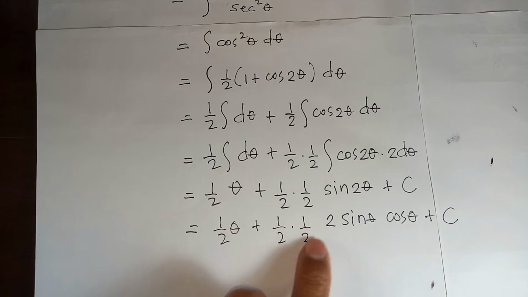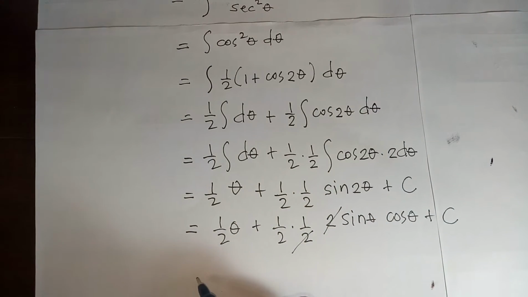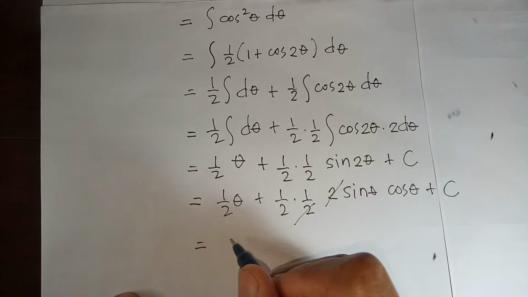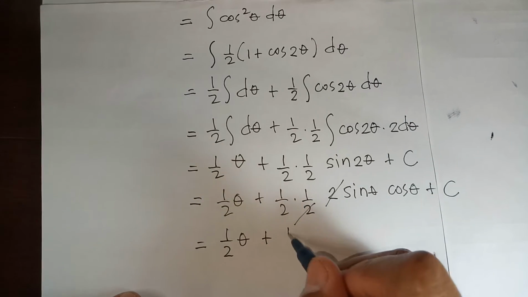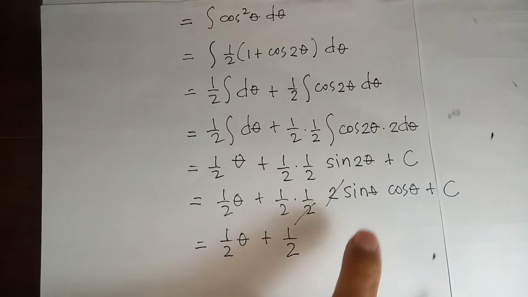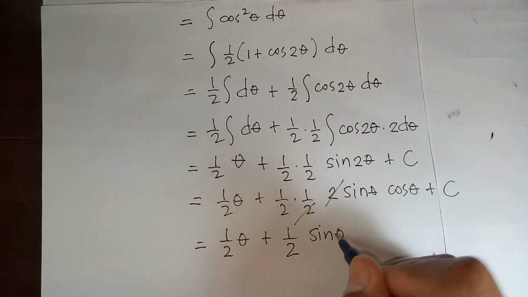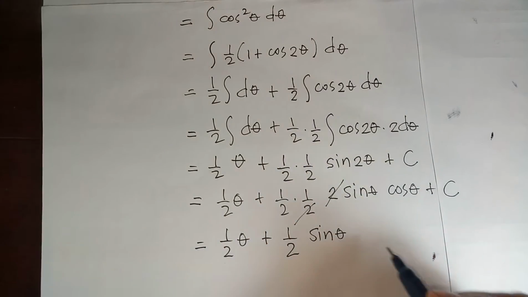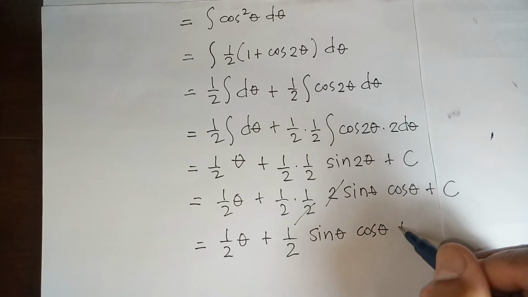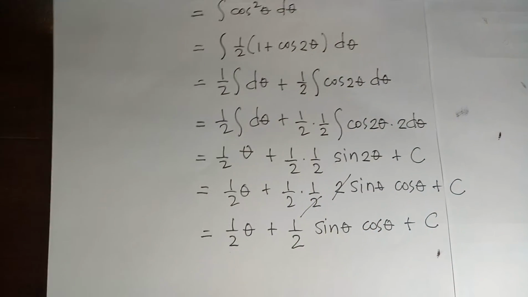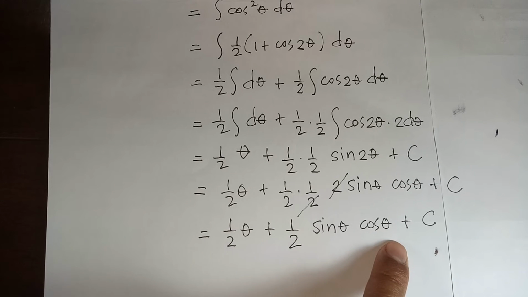Cancel ngayon ang 2. So, natira tayo ng 1/2 of theta and then plus 1/2, tapos meron tayong sine theta and then cosine theta plus c. Okay. So, yung ating sagot, hindi natin iiwanan in terms of theta, sine theta, cosine theta.